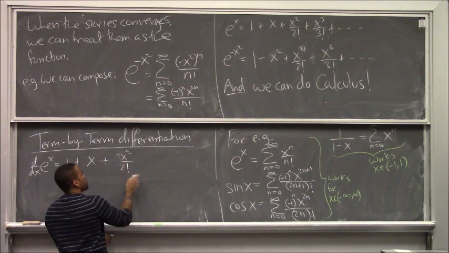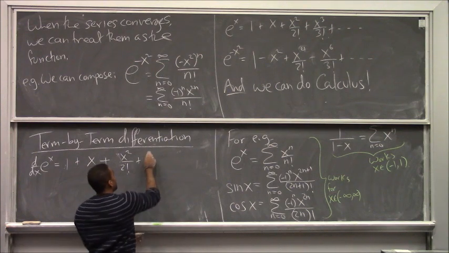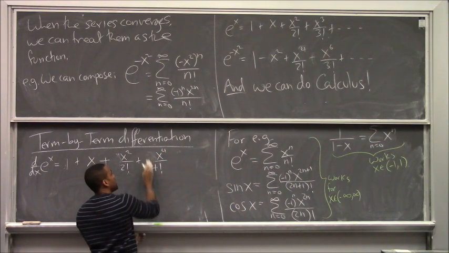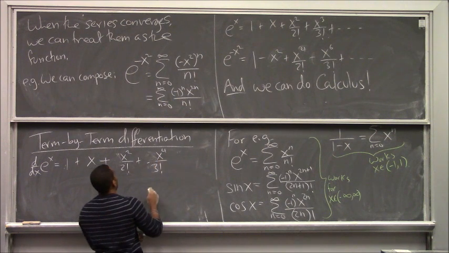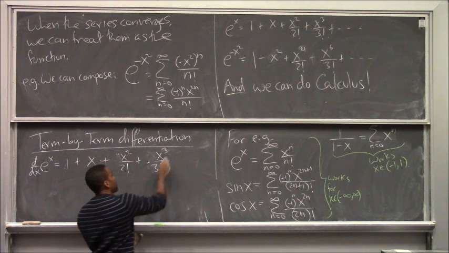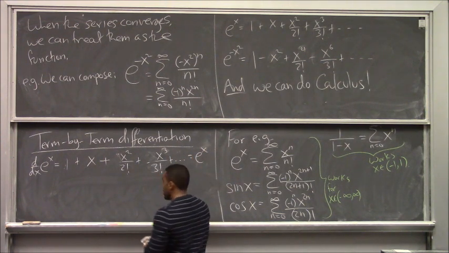The next one would be 4x cubed over 4 factorial, which cancels to x cubed over 3 factorial. And what do you notice? It's the same thing, right?